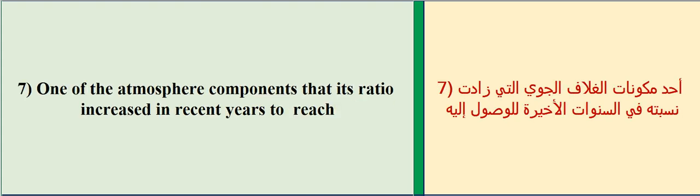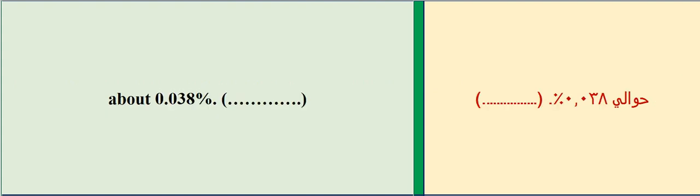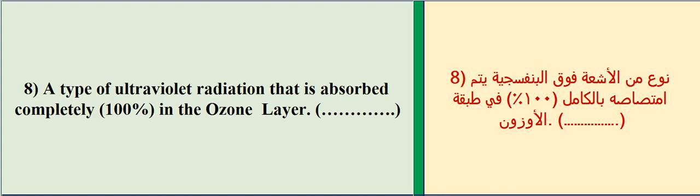One of the atmosphere components that its ratio increased in recent years to reach about 0.038%. 8. A type of ultraviolet radiation that is absorbed completely, 100%, in the ozone layer.